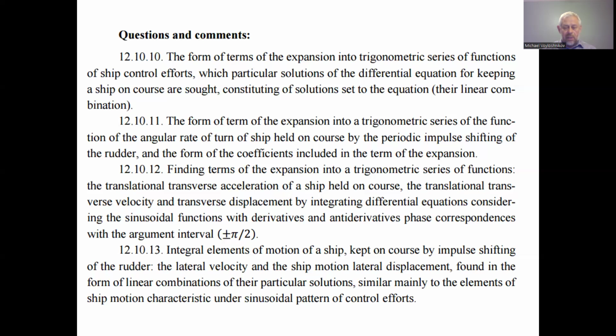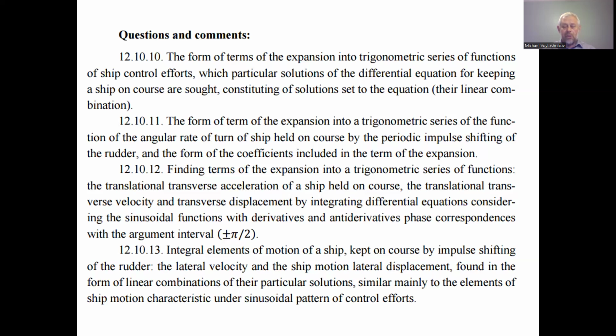But after the processes of finding the elements of the ship motion, like the angular velocity and the translational velocity under the controls keeping the ship on course, the angular and translational velocities of the ship's deviations from the straight course, we found that the solutions for the elements of the ship motion are smooth, continuous and differentiable in both cases.